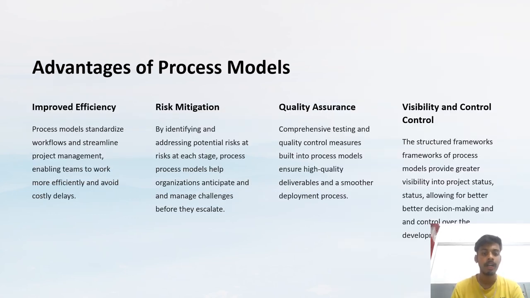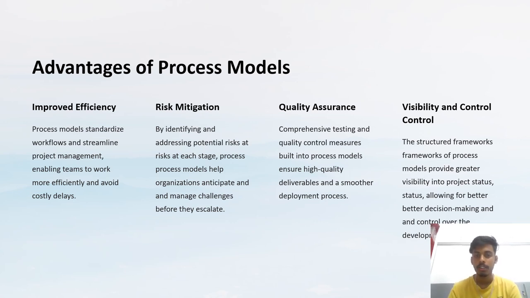So let us see what the advantages of process models are. The first is improved efficiency. Process models standardize workflows and streamline project management, enabling teams to work more effectively and avoid costly delays. The second advantage is risk mitigation. By identifying and addressing potential risks at each stage, process models help organizations anticipate and manage challenges before they escalate to the next phase.